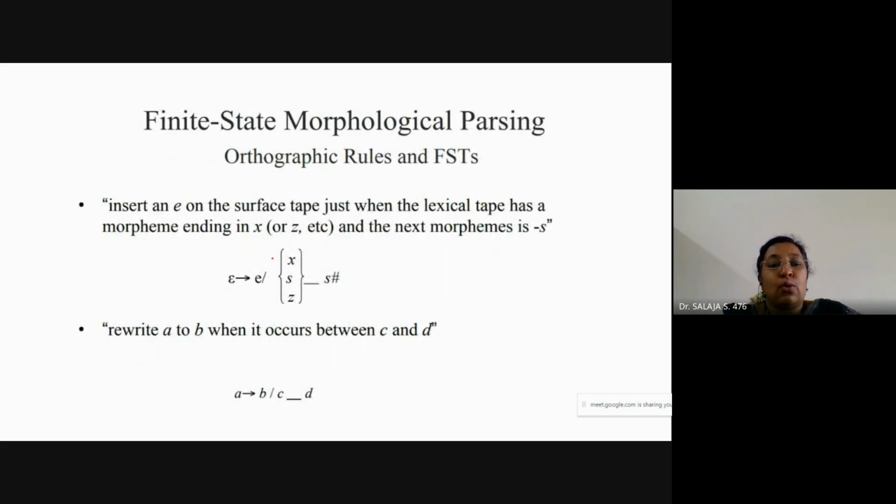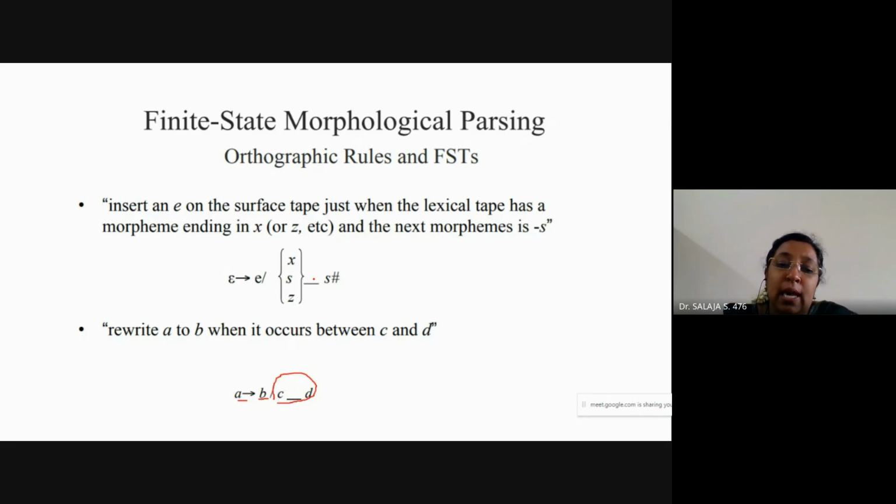Now the rules, how do I represent? Okay, now we'll just take this here. A will be converted to B in a word if it occurs between C and D. That is how they expect. A will be converted to B, not always.